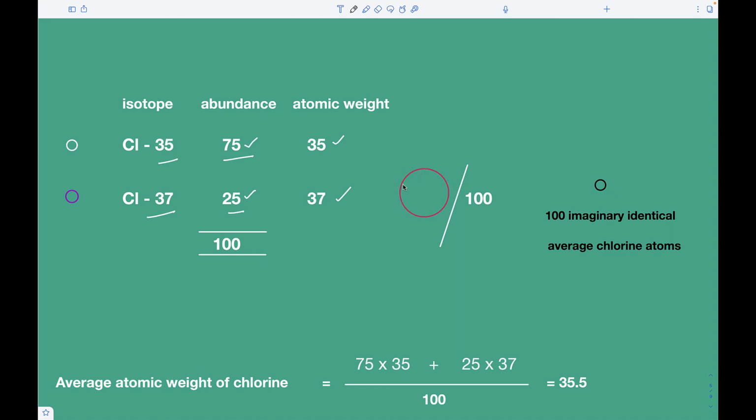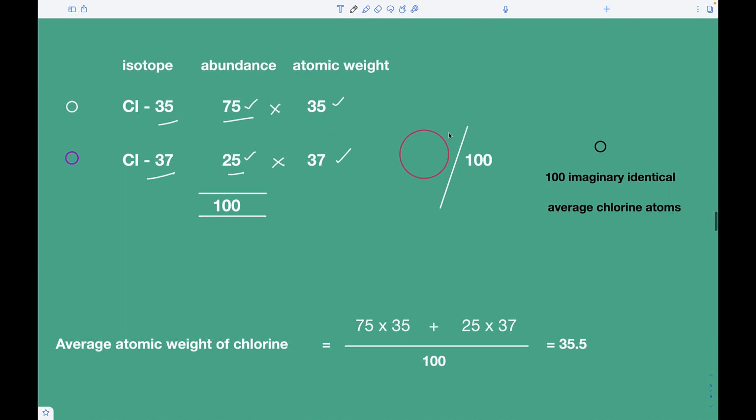Then what will be the mass of this lump? There are 75 of them with a mass of 35 units each, and 25 of them with a mass of 37 units each. So the total mass of this lump would be 75 times 35 plus 25 times 37.